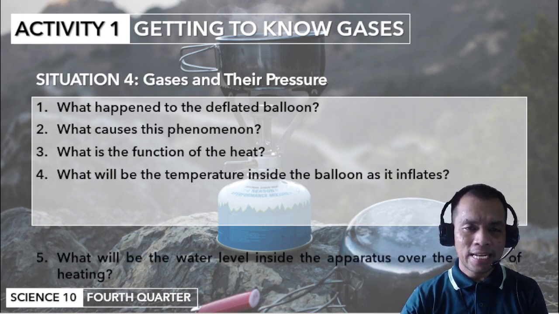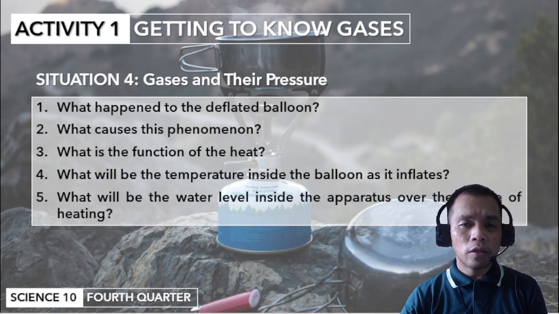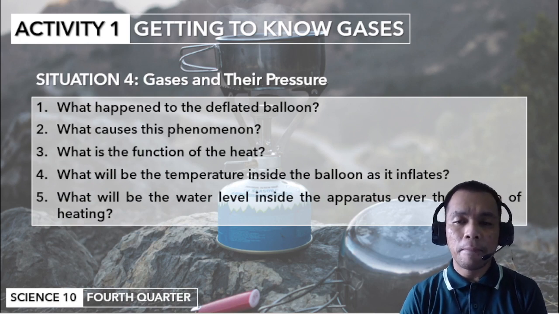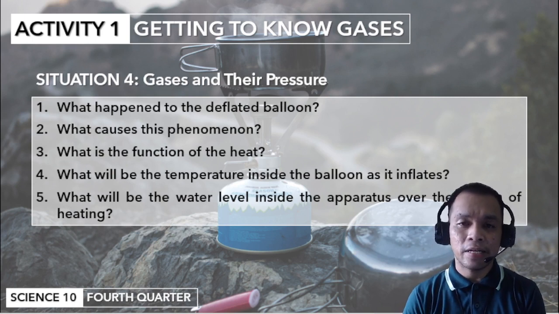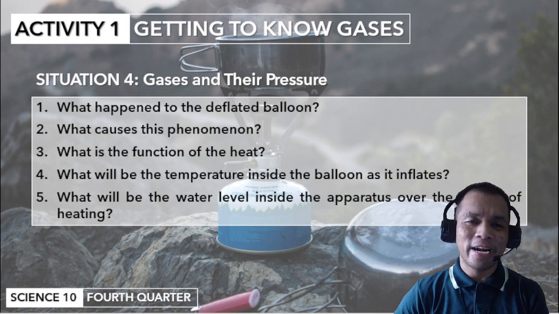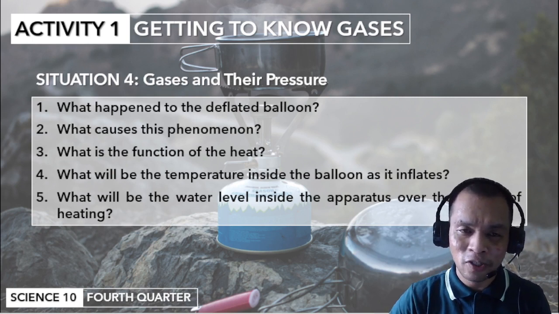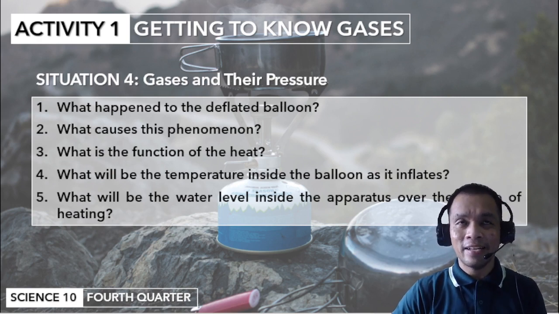The steam is coming from the boiling water. And lastly, what will be the water level inside the apparatus over the course of heating? What do you think will happen to the water level inside the beaker? Anyone? Yes, that's correct. That's an amazing observation and an amazing inference.